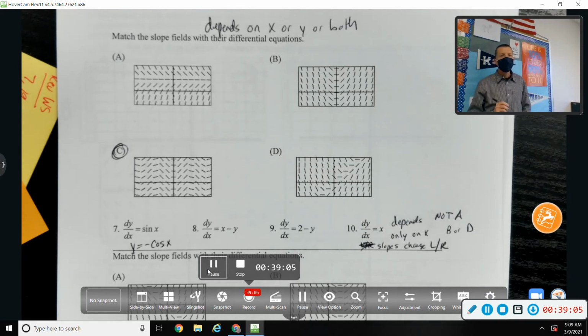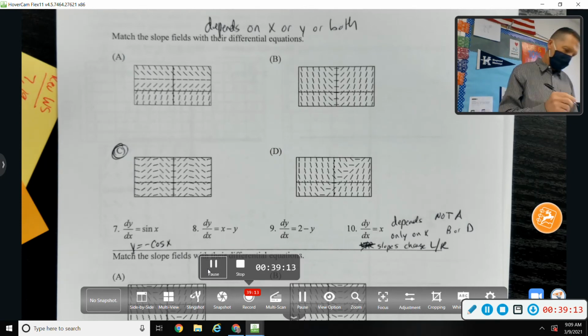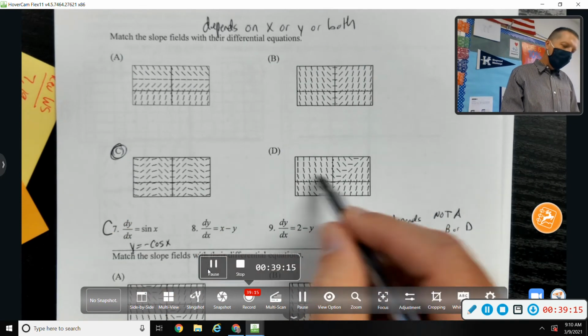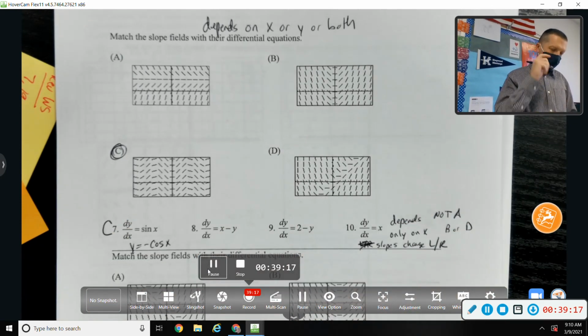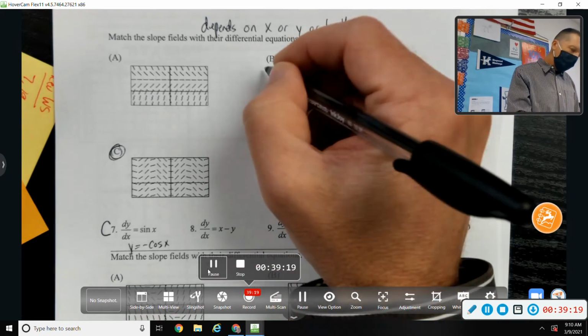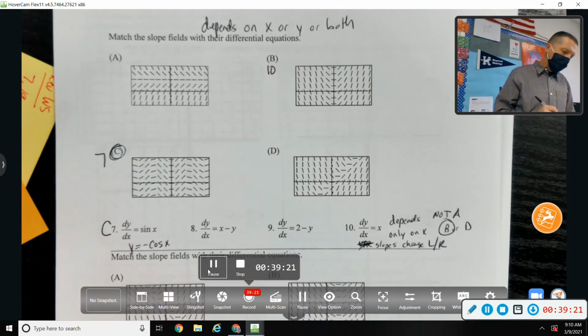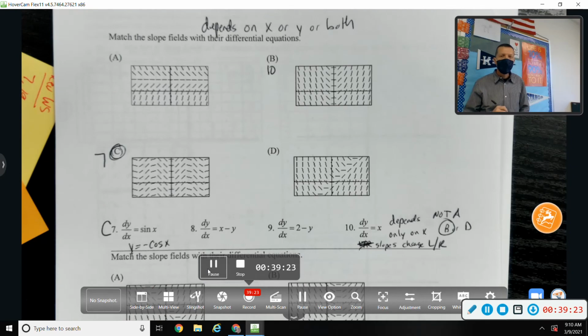B or D? Why B? Yeah, because D is changing both directions. I don't know how we want to label these. 7 is C, 10 is B.